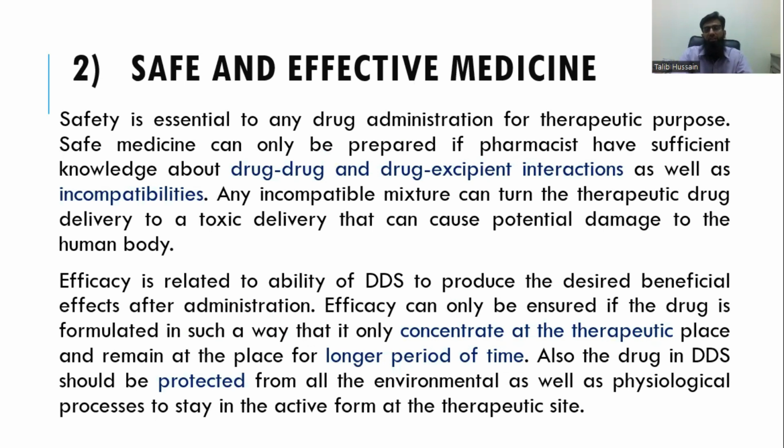The second goal is safe and effective medications. First of all, safety. Safety is the most important feature of any delivery system. Whenever we are administering a therapeutic substance, the therapeutic substance is known as a chemical entity. So a chemical substance is always toxic, and it shows dose-based toxicity. So dose-based toxicity should be reduced.